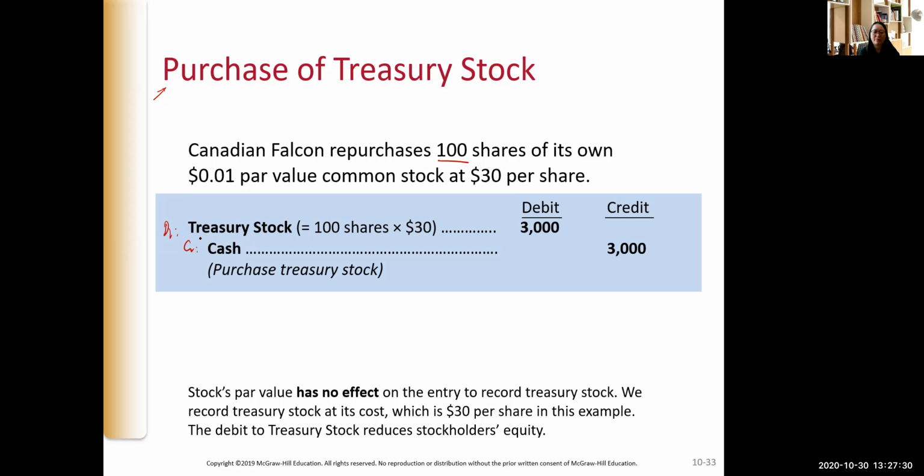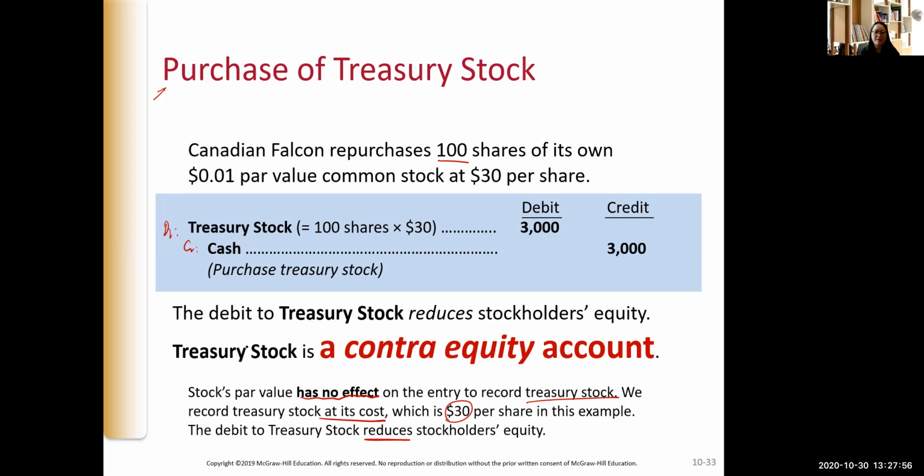We directly record the purchase price. We debit the treasury stock, and the stock's par value has no effect in this entry. We record treasury stock directly at its cost, which is $30 per share in this example. The debit of treasury stock reduces stockholders' equity, because treasury stock is a contra equity account.